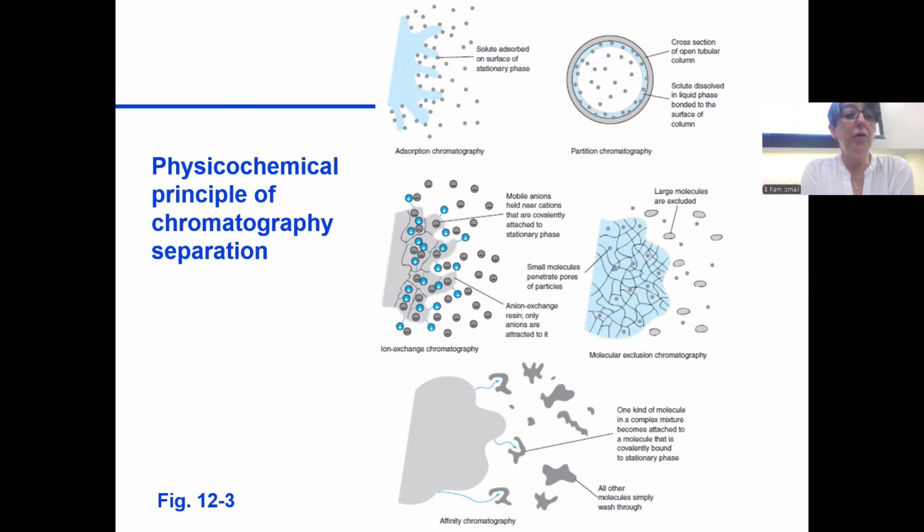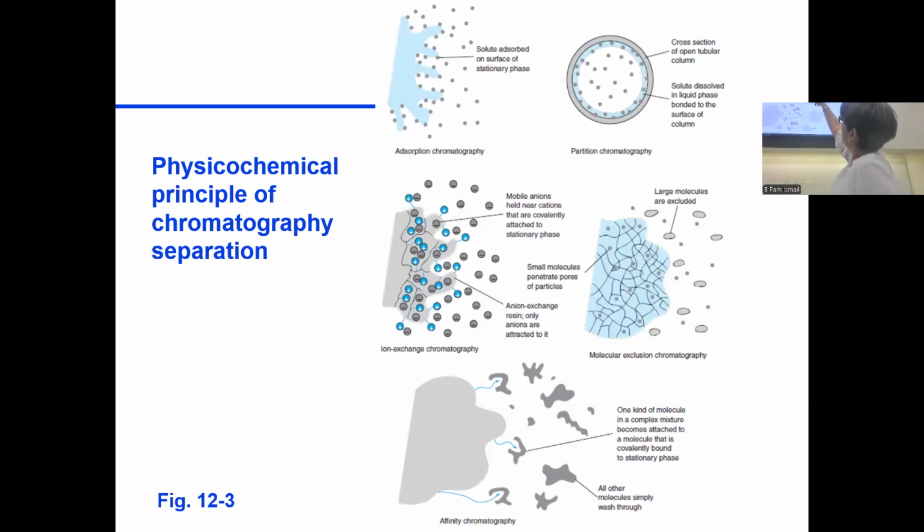Physicochemical principle of chromatography separation, or in other words, mode of separation. So sometimes I ask you, what's the mode of separation? You want to say, okay, adsorptive chromatography, ion exchange, or partition chromatography, normal phase. So what is the physicochemical principle behind the separation? So we're going to spend time talking about all these different types of separation.